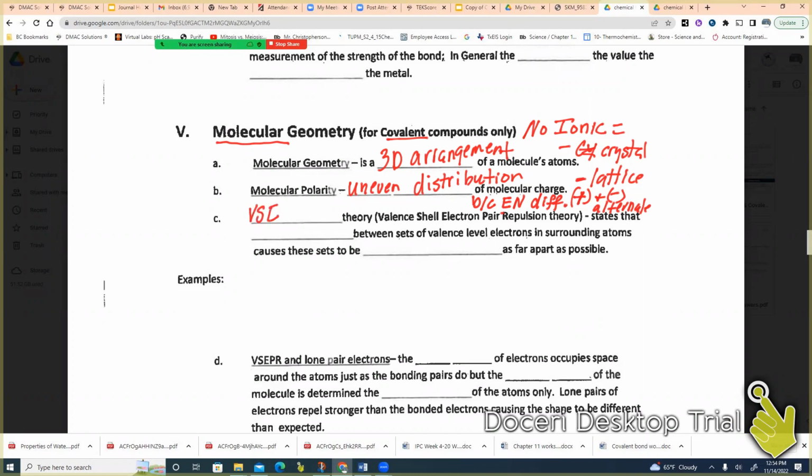So we are going to be looking at something called VSEPR, which stands for valence shell electron pair repulsion. Much easier to say VSEPR.